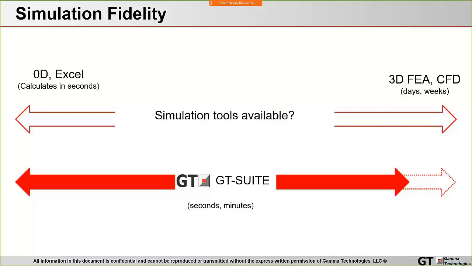And so in terms of speed calculation, it's certainly slower than your typical back-of-the-envelope calculation, but much faster than a lot of the 3D tools out there. So hopefully that gives a good overview of that.